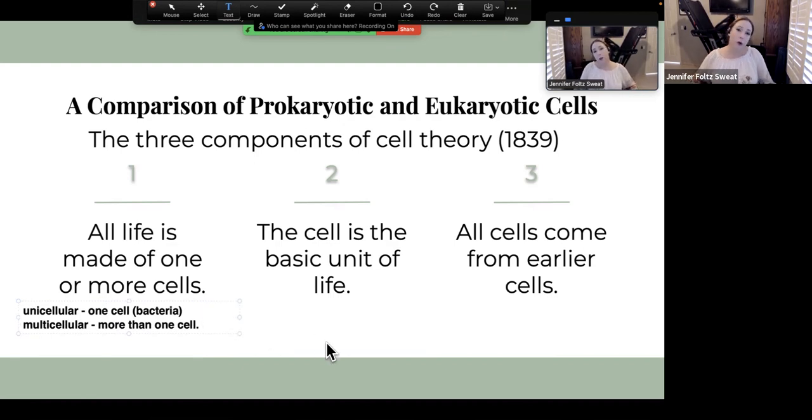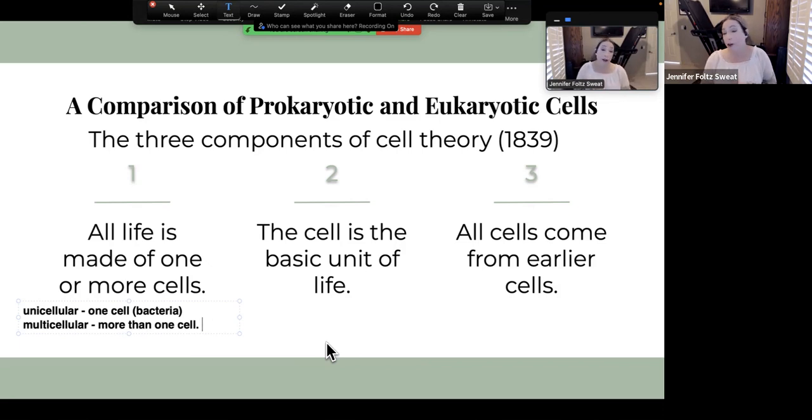The next component of cell theory is that the cell is the basic unit of life. So in a unicellular organism like bacteria, all the characteristics of life occur within that 1 cell. So I want you to think back on the characteristics of life. Reproduction.